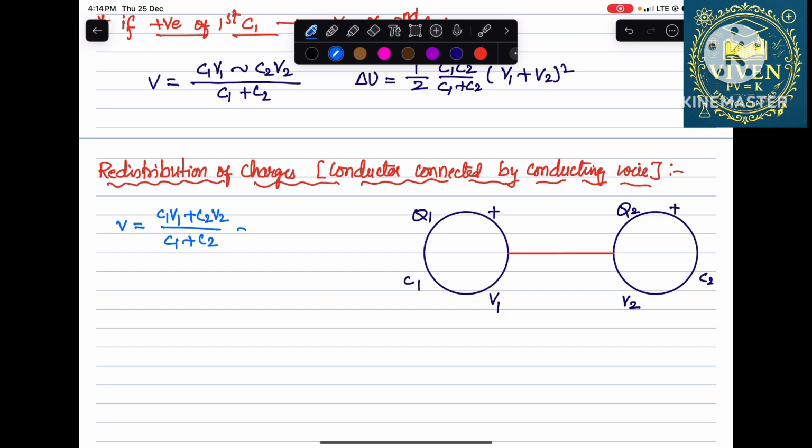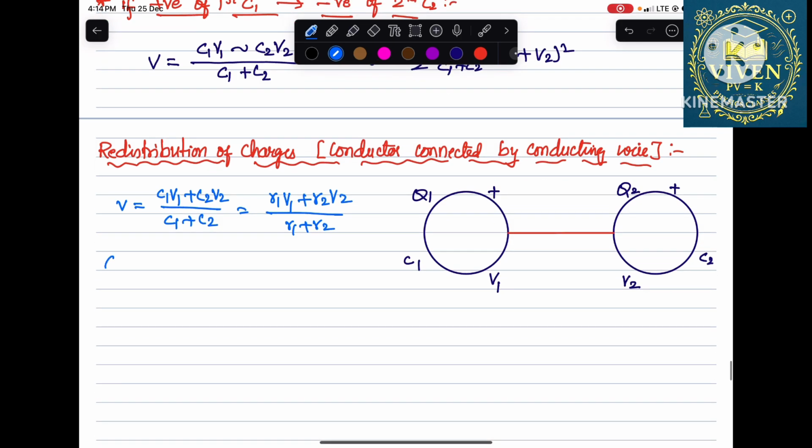So now here the point is, this can also be changed as R1 V1 plus R2 V2 by R1 plus R2, in terms of radii. And the effective capacitance is given straight away by Q1 dash plus Q2 dash by effective V, and that is simply C1 plus C2.